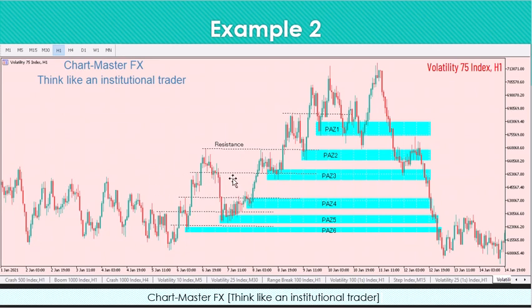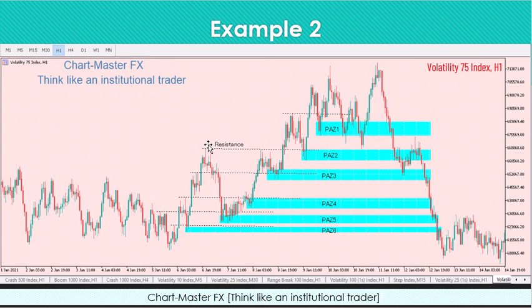Reading the market, guys. This is what we call reading the market. So yeah, these are the basics of price action zones. I think they are going to help you a lot just to understand price behavior, guys. You see, you don't need the indicators, guys.